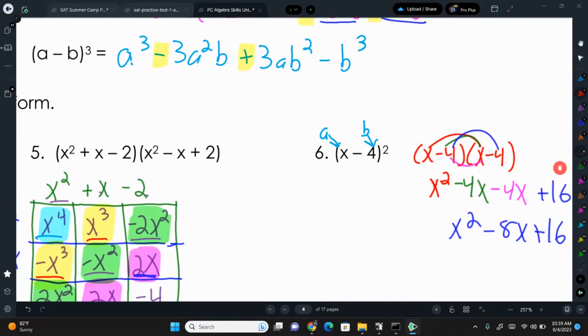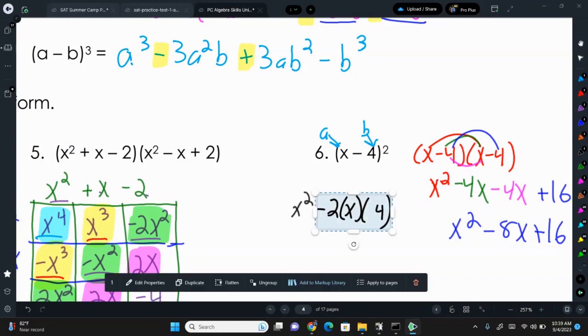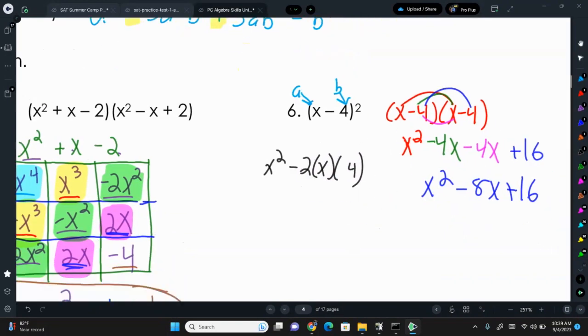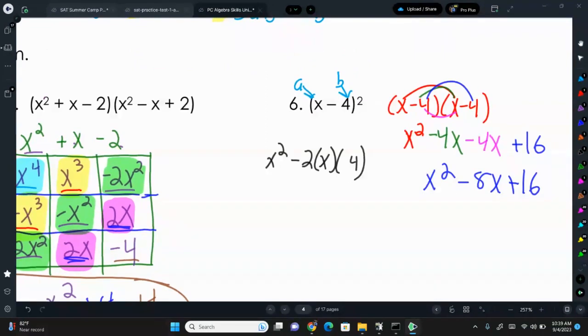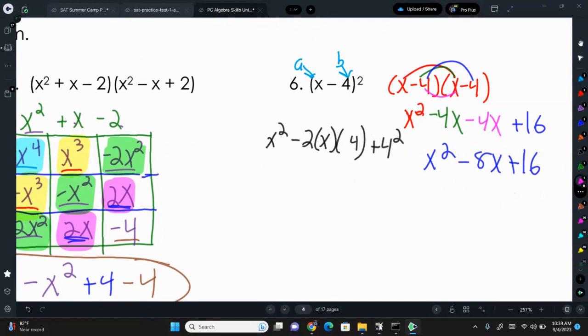So the shortcut would leave us with a squared, so x squared, minus 2 times a times b, plus b squared, 4 squared. And if we simplify that, we get x squared minus 2 times x times 4 is negative 8x plus 4 squared is 16, which is exactly what we got here.